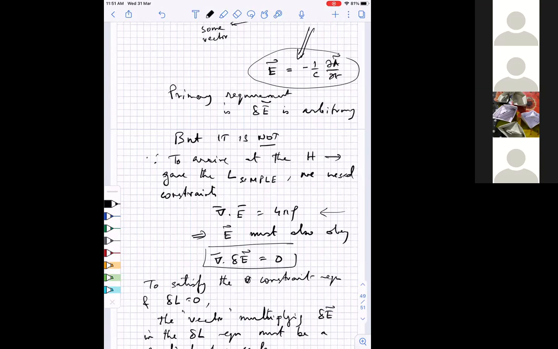So this was an example which showed that the independence of delta E, that it is arbitrary, was not valid, because in getting the Hamiltonian and then from there the Lagrangian, we had used the constraint equation, and that constraint equation actually couples your delta E with something else. So it's not completely independent. We have to be careful that delta E goes together with rho and phi and these things.